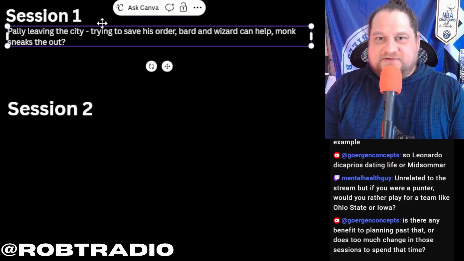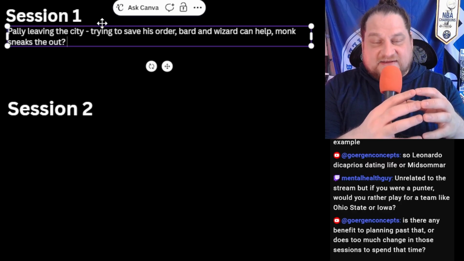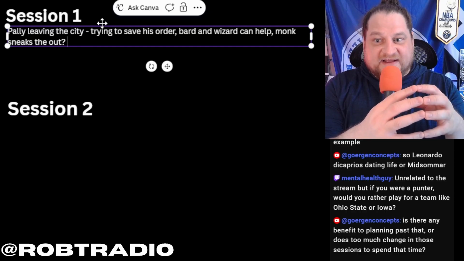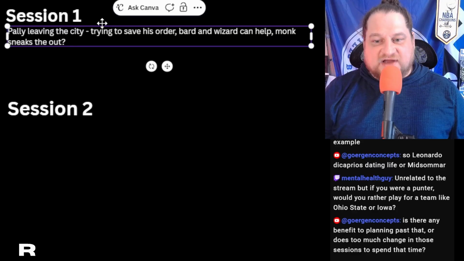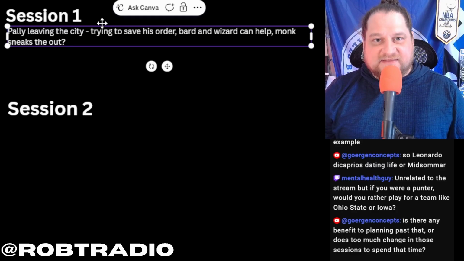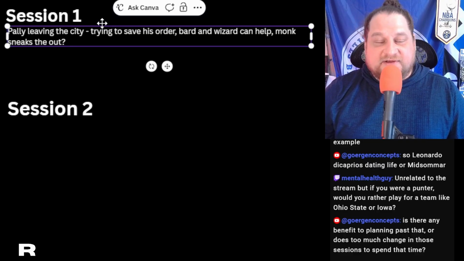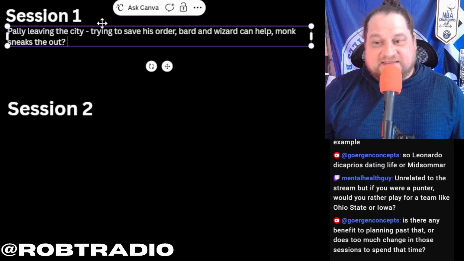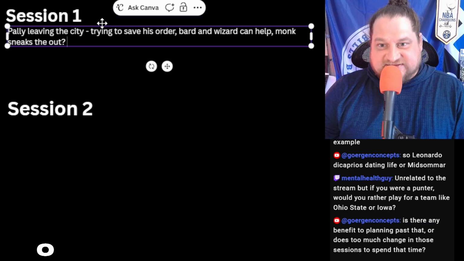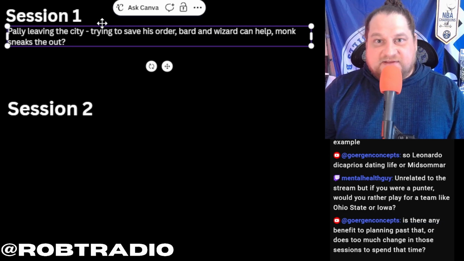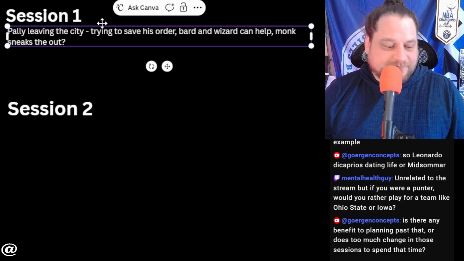Your first interaction together is that we need each other, because the monk isn't going to be able to fight off anybody who's trying to stop them from leaving. They need the paladin in case there's fisticuffs. And the paladin can't get out without the monk, because the monk is the sneaky guy who can find an open door, unlock a thing, get him out of there.